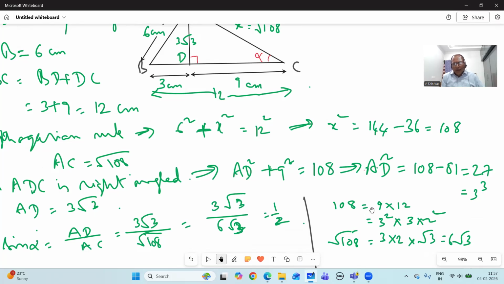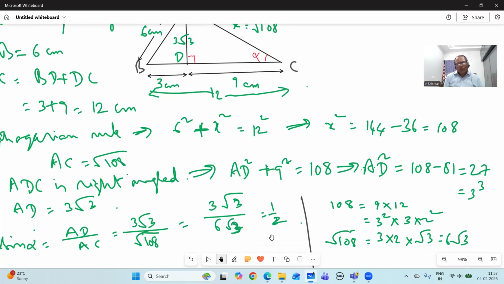What is 108? It is 9 times 12. The 9 is 3 square. 12 is 3 into 4, that is 3 into 2 square. Take the square root of 108. So here comes 3, here comes 2, and root 3 comes. So it is 6 root 3. So AD by AC is 3 root 3 over 6 root 3. Substitute that. Root 3 cancels, being non-zero, 3 by 6 is half.